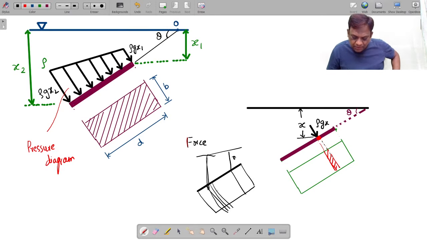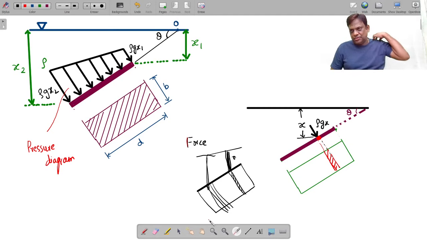So I cannot do it. So I have taken a very small area, where the variation of x is very negligible. In this small area, the pressure is almost the same.